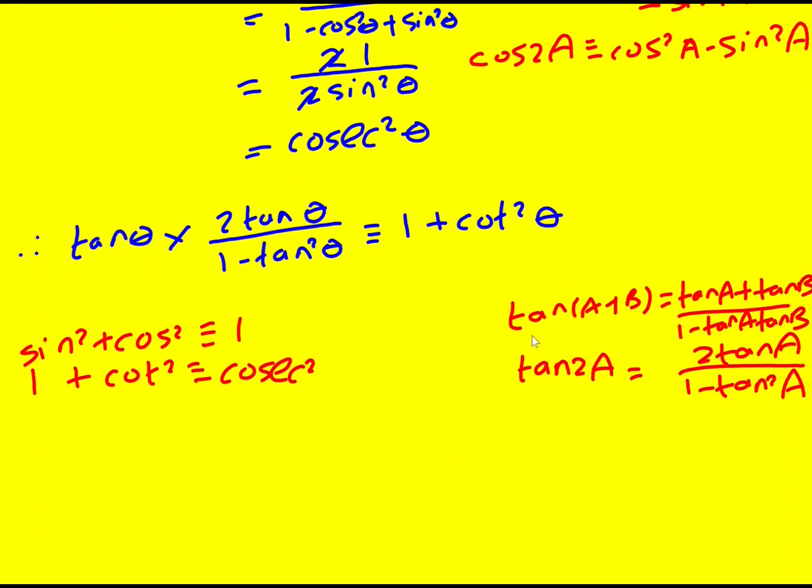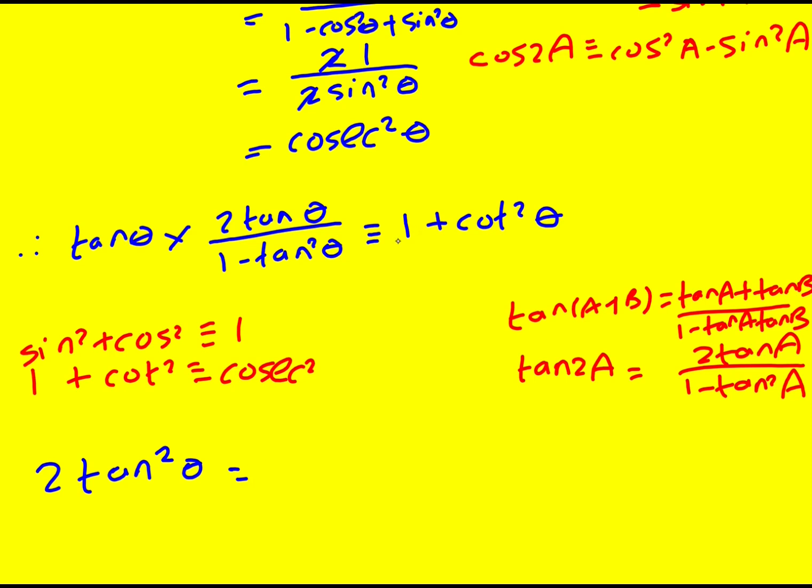Now we're getting where everything is essentially in terms of tan theta. 2 tan squared theta over 1 minus tan squared theta is going to be 1 plus cot squared theta. So actually, I'm going to multiply through by 1 minus tan squared theta.